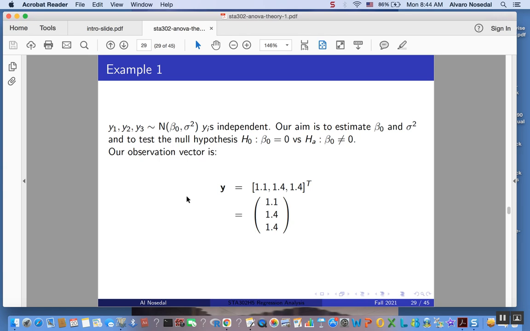Also, we have a few assumptions. We are assuming that we have 3 observations coming from a normal distribution with mean beta 0 and variance sigma square, and we are assuming that y1, y2 and y3 are independent.